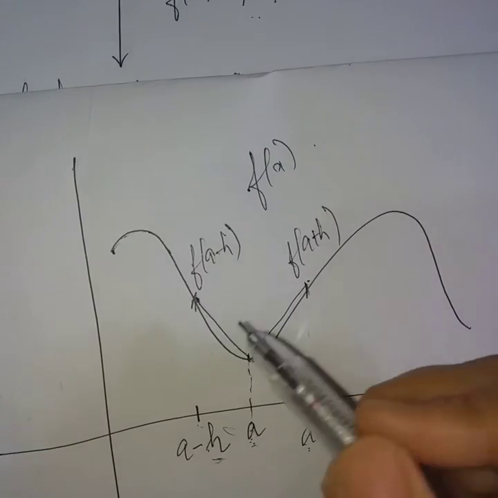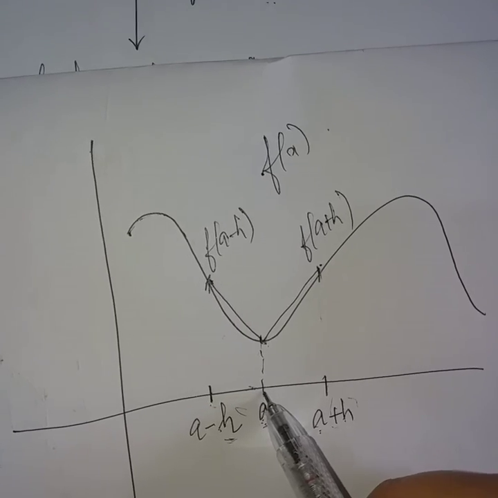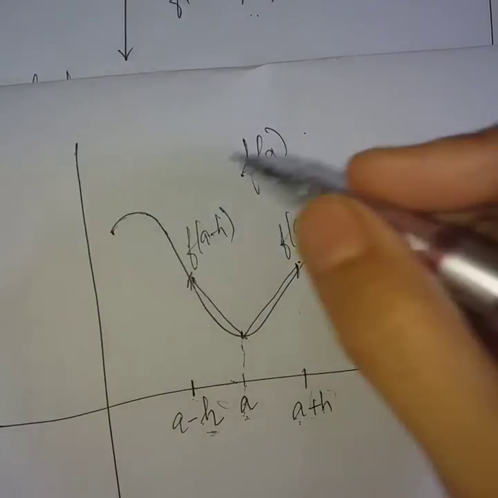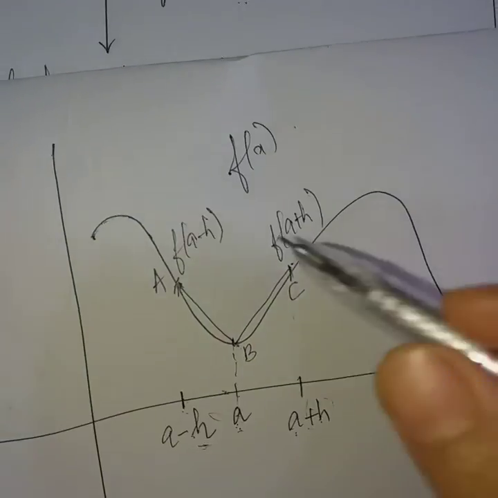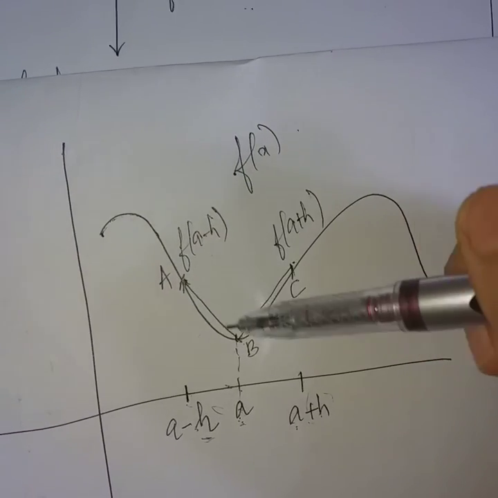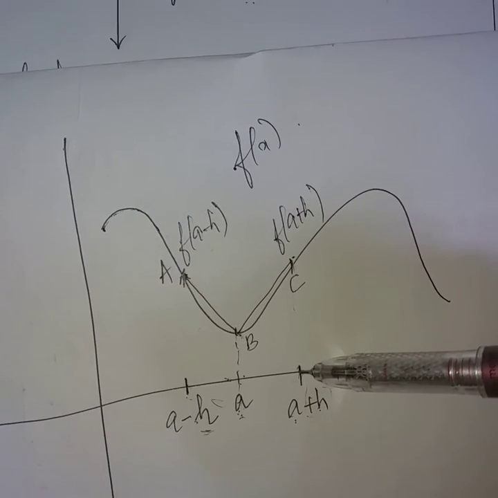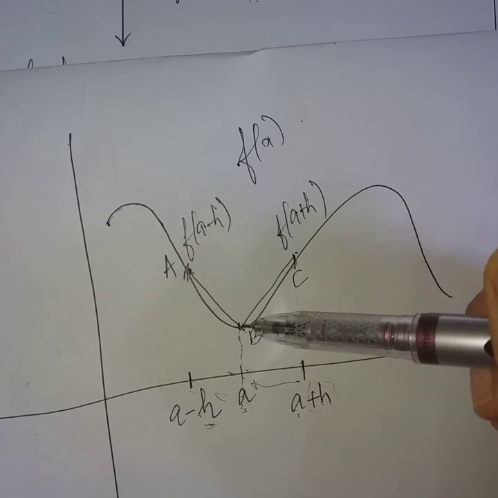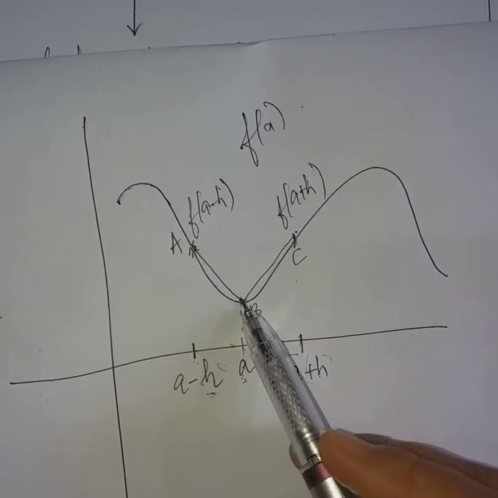Now as this point approaches A, if the slope of AB merges to a single value as the point comes closer to A, and also as the other point comes closer to A, the slope again merges to the same value, then this function is said to be differentiable at point A.